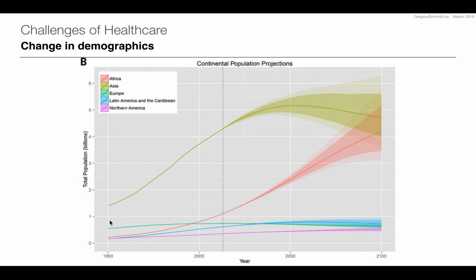And then we see the red line here of Africa, and how over the course of our careers in the next 50 years, their population is going to double and triple in size. With this comes tremendous opportunity, but it means that we need to really make sure that early childhood nutrition, early childhood health and education are as optimal as possible, in order to set as many countries up to succeed as possible when we look at the evolution of the world over the next century.